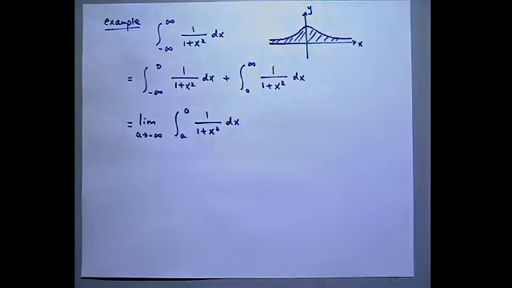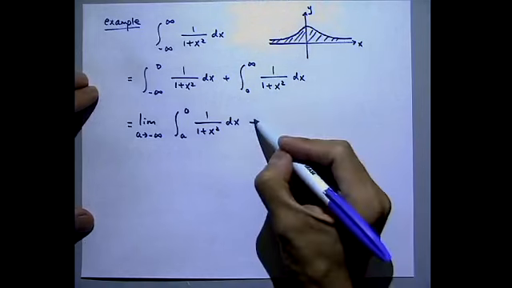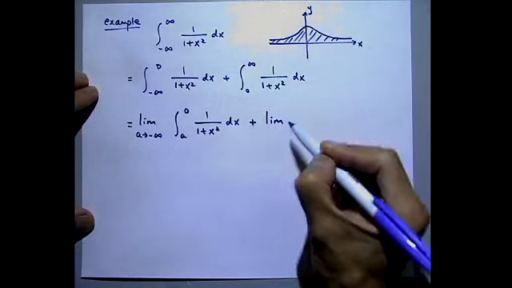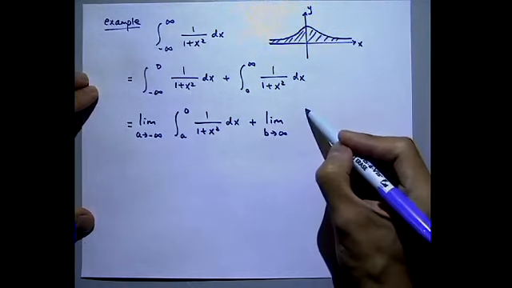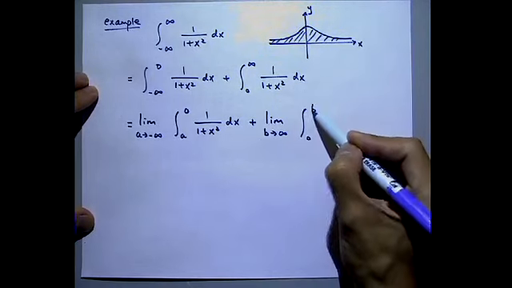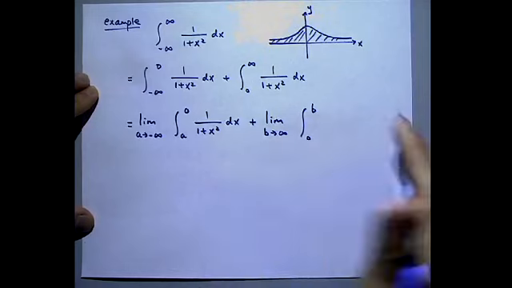We let a go to minus infinity and integrate from a to 0. And then we're going to integrate from 0 to b and also let b go to infinity.